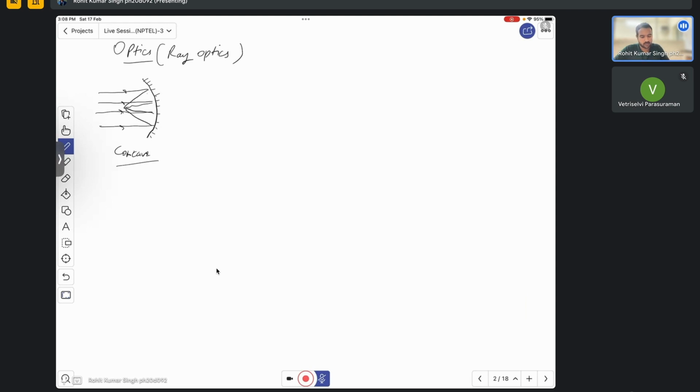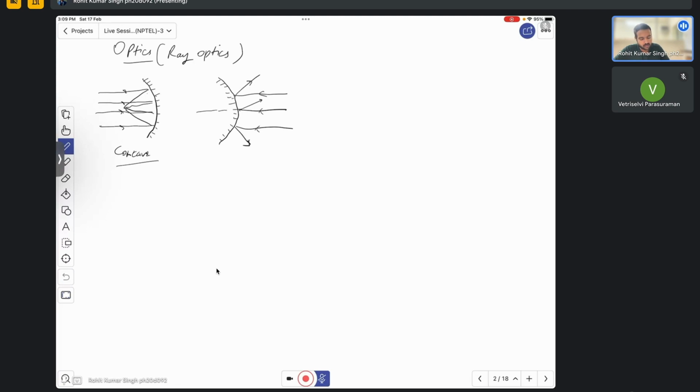Then there is another type of curved mirror, which is called convex. Here the inner part of the mirror is silvered, and parallel light coming from infinity like this gets diverged.